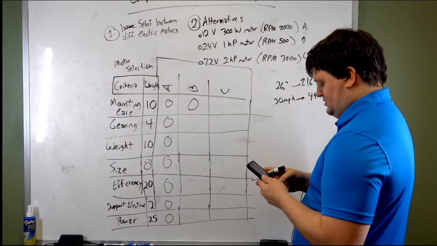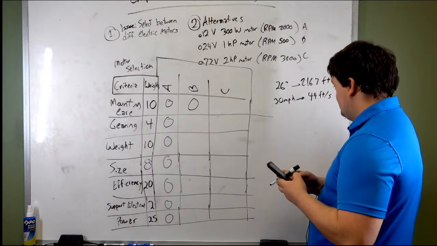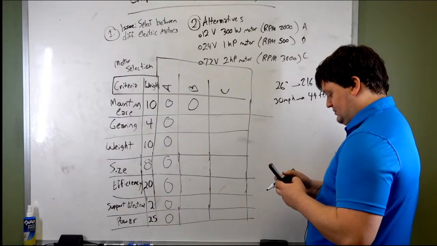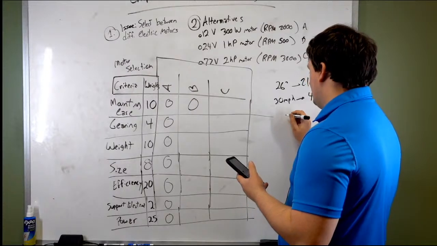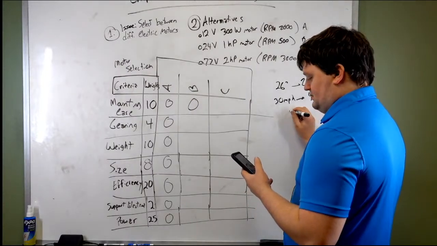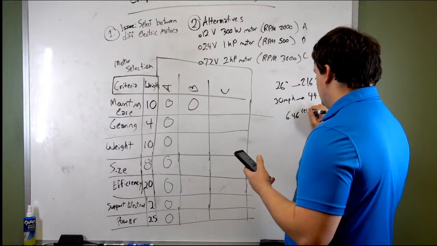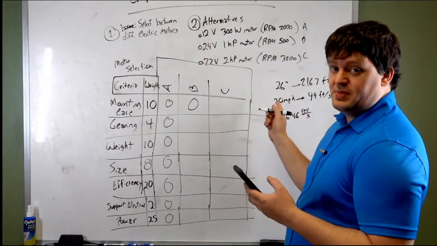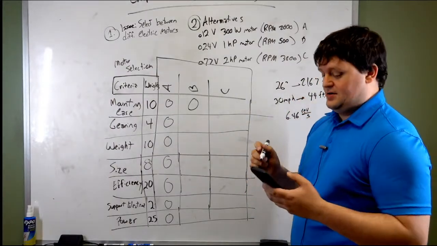pi. So 44 divided by 2.167 times pi means that you have 6.46 revolutions per second when you're going on a 26-inch wheel bike at 30 miles an hour.